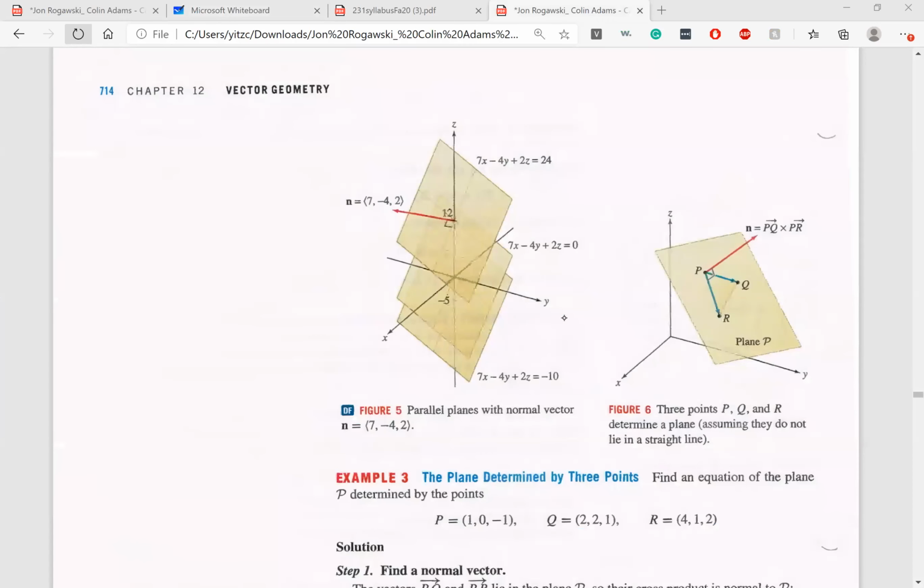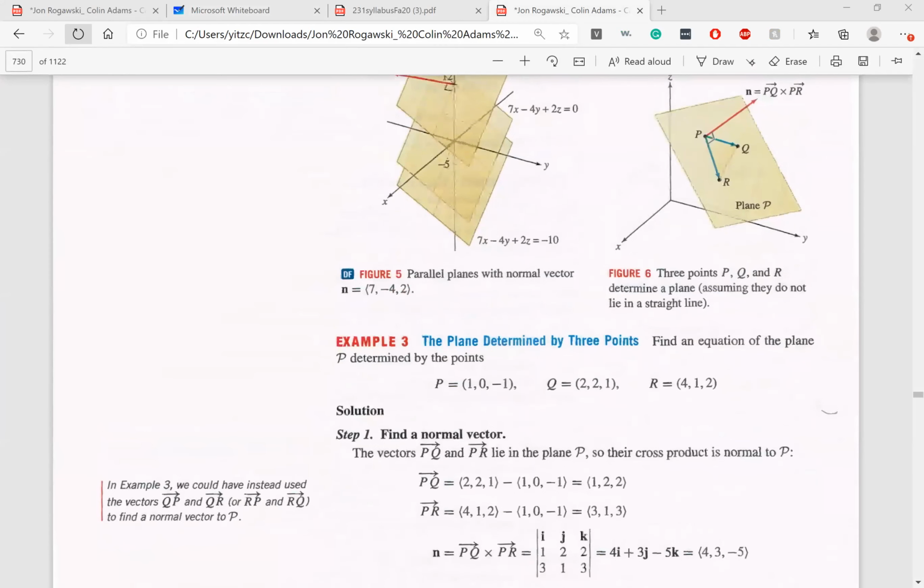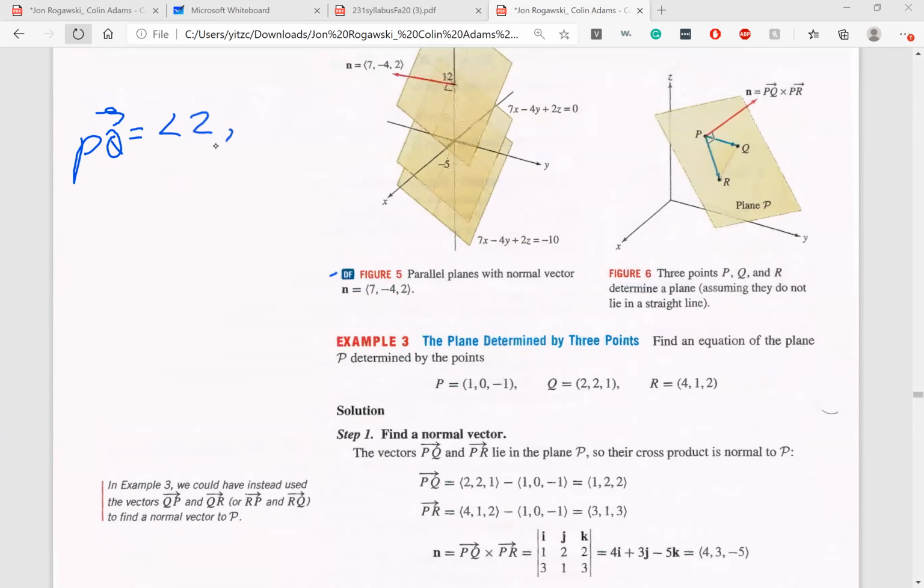Okay, so here they give us another question, 3 points, so let's do it. So again, we want to find the vector PQ. The vector PQ is going to be Q minus P, so it's going to be 2 minus 1, and then 2 minus 0, and then 1 minus minus, so that's 2.